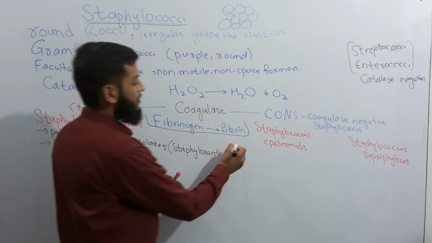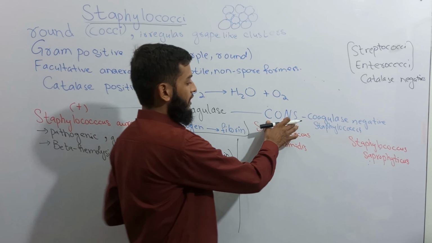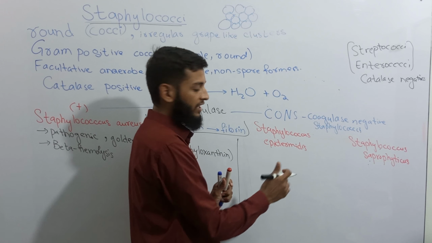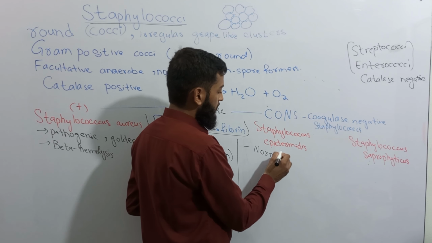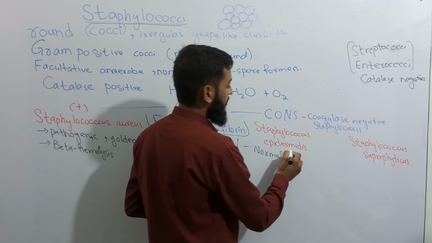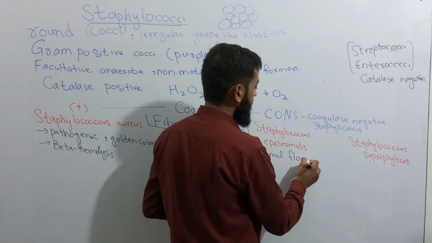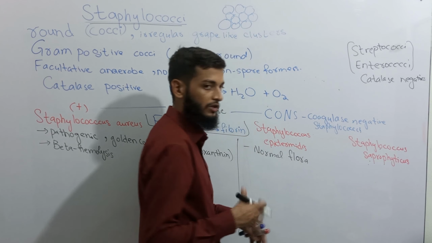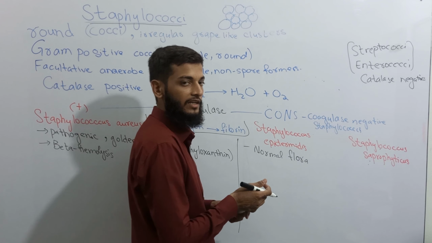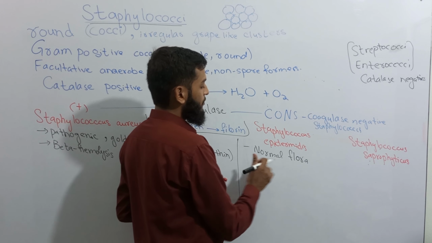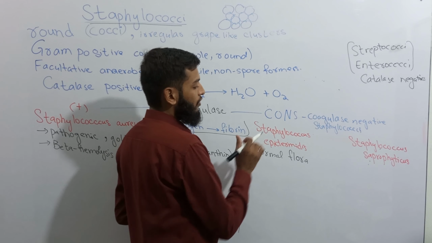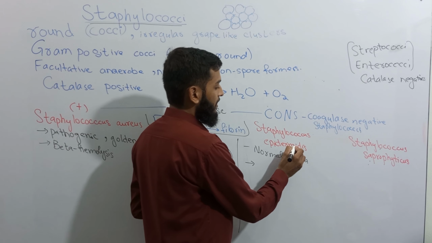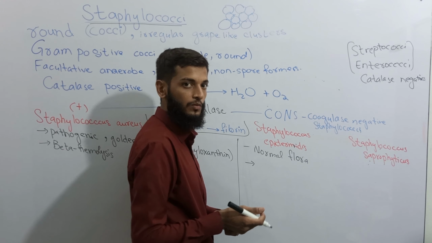Talking about coagulase negative staphylococci, first we'll talk about Staphylococcus epidermidis. It's a normal flora of the human body. That means it's a good bacteria that protects our body against other bacteria. But certain strains of Staphylococcus epidermidis can cause infection in humans.